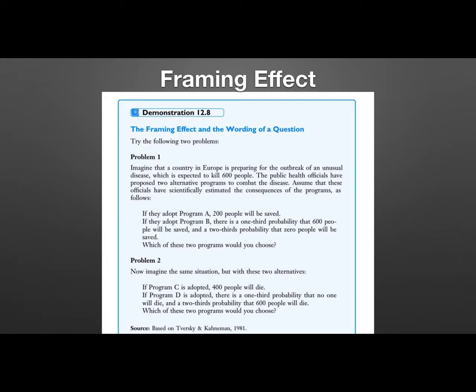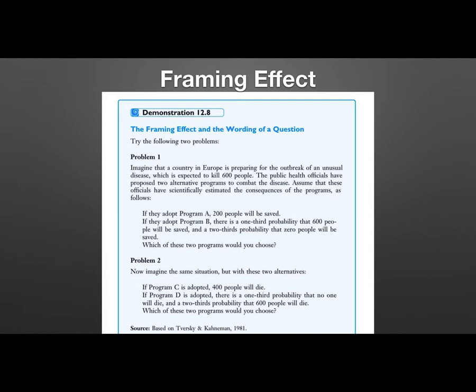In the second one, we see that 78% choose program D, where there's a 1/3 probability that no one will die, 2/3 it's more likely that everyone will die. And this is being risk averse in problem 1.